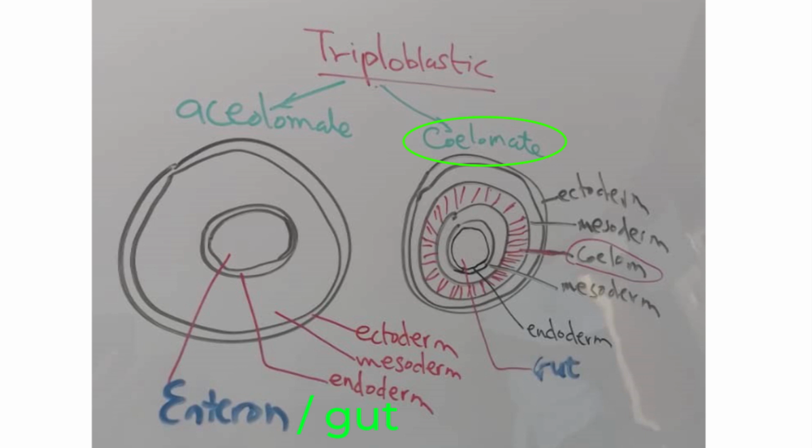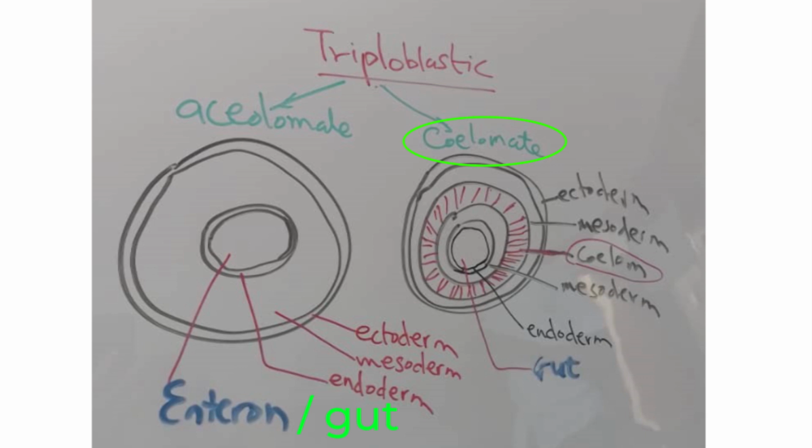So in coelomate organisms, you have the ectoderm, the mesoderm, then the coelom, that's the space, and then another mesoderm, and then the endoderm before you have the gut. So that is the difference.